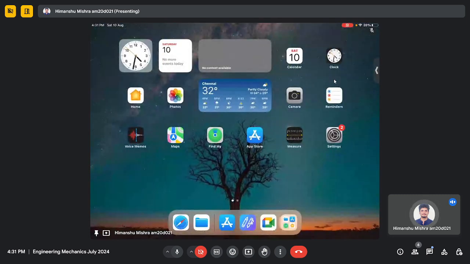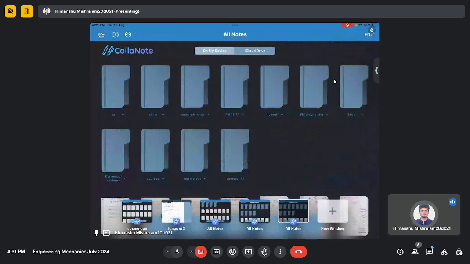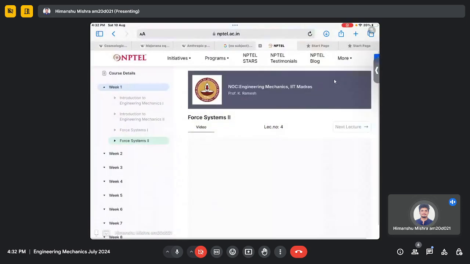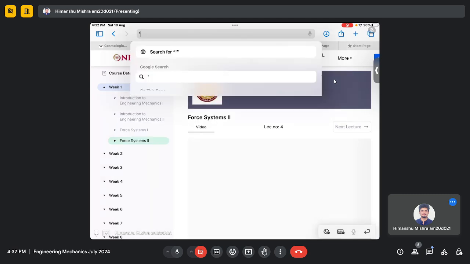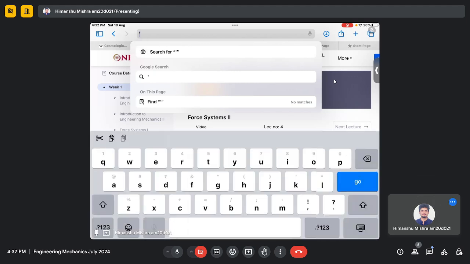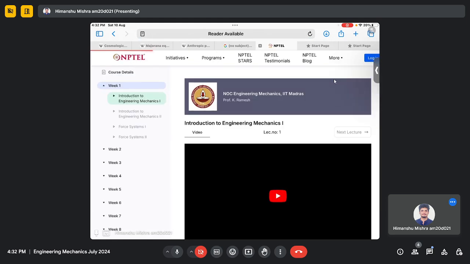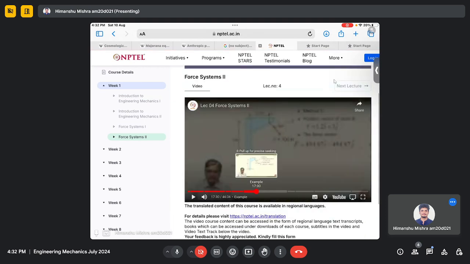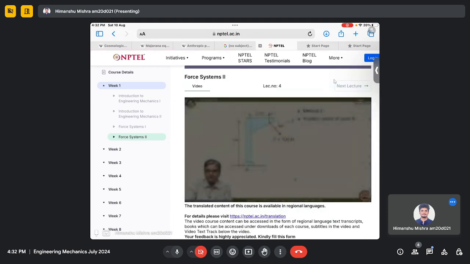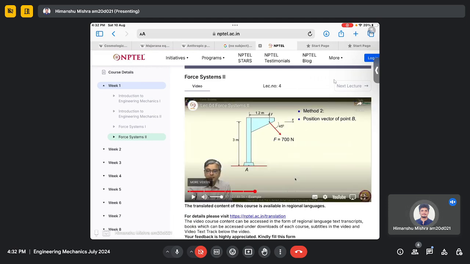So this problem we actually solved in the class, and we actually transferred this force in this line, at the very bottom, and even then we calculated the moment and we found the same answers.